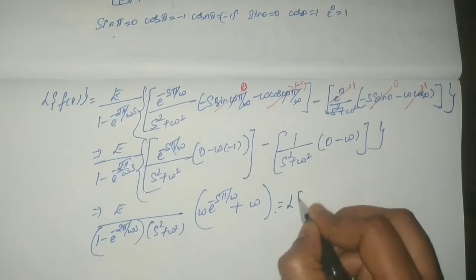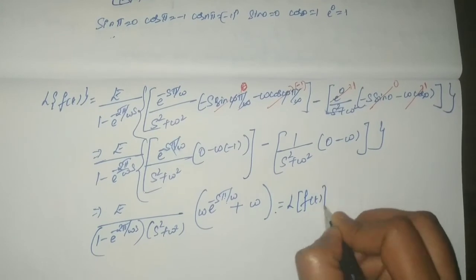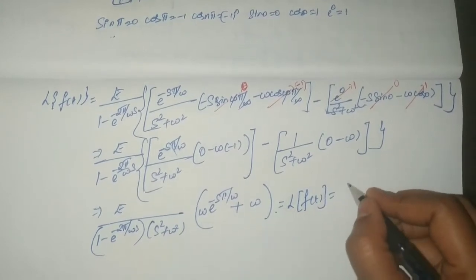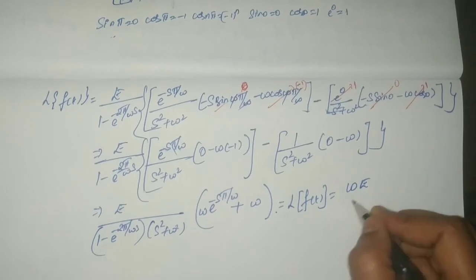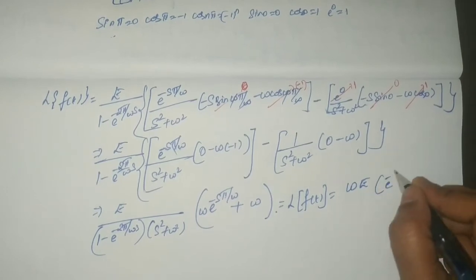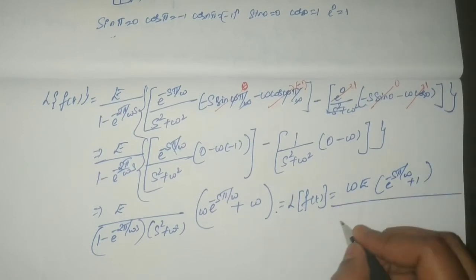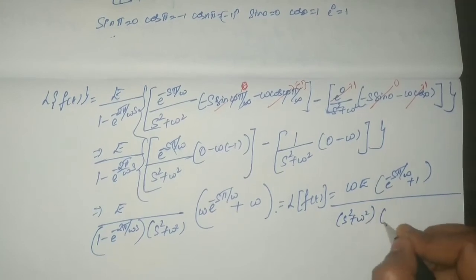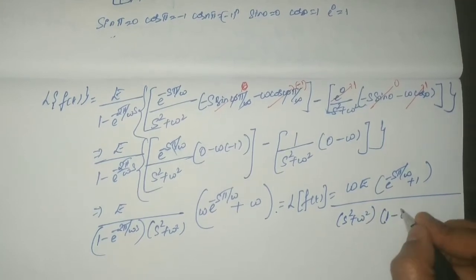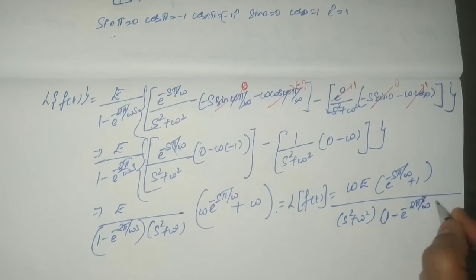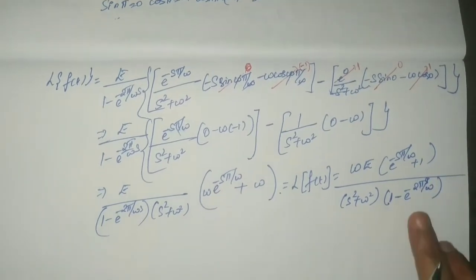Or you can write this as Laplace transform of f of t is equal to, take omega common out, so we have omega e into e power minus s pi by omega plus 1 divided by s square plus omega square into 1 minus e power minus 2 pi s by omega.